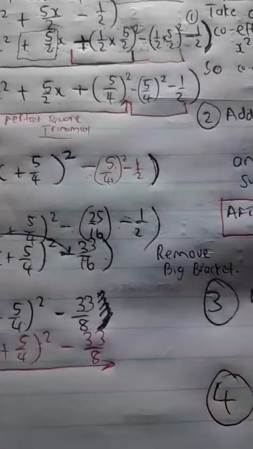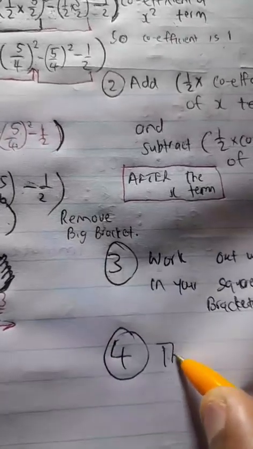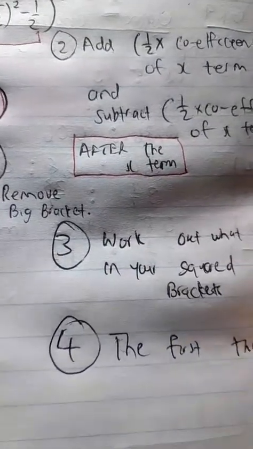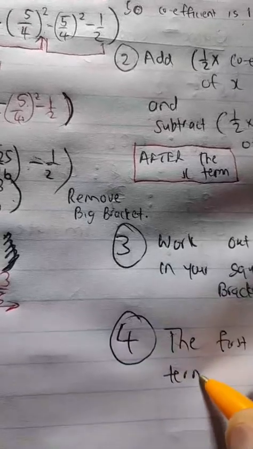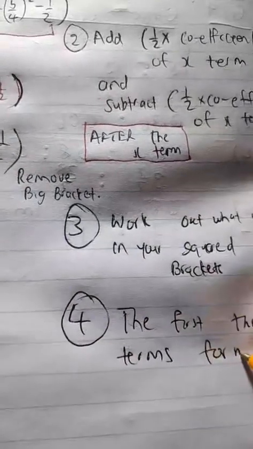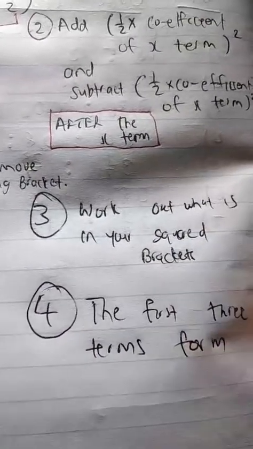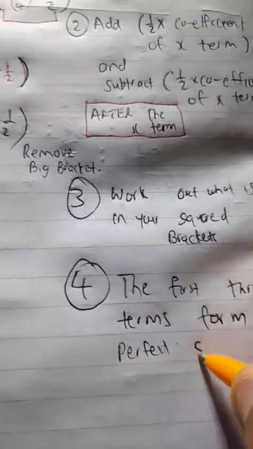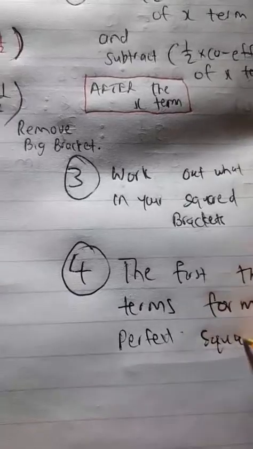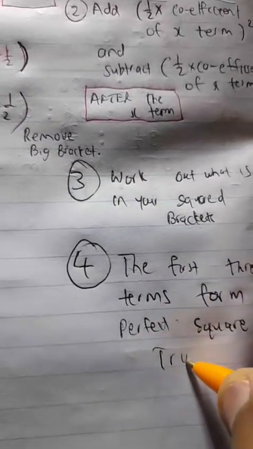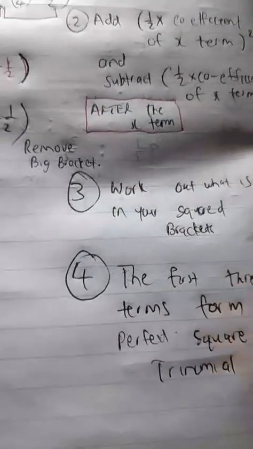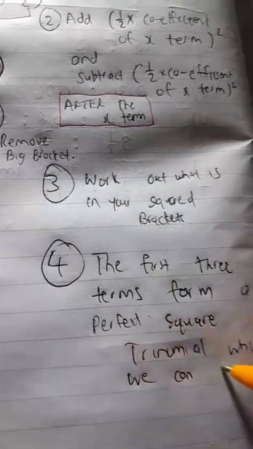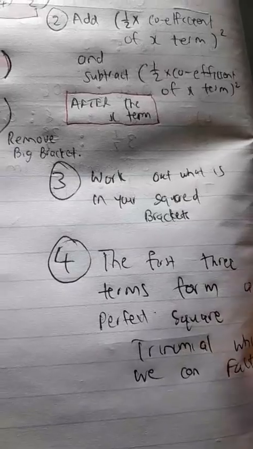Step number 4. The first 3 terms form a perfect square trinomial, which we can factorize.